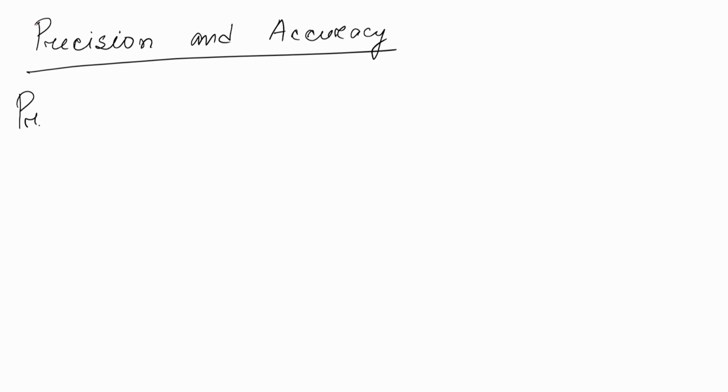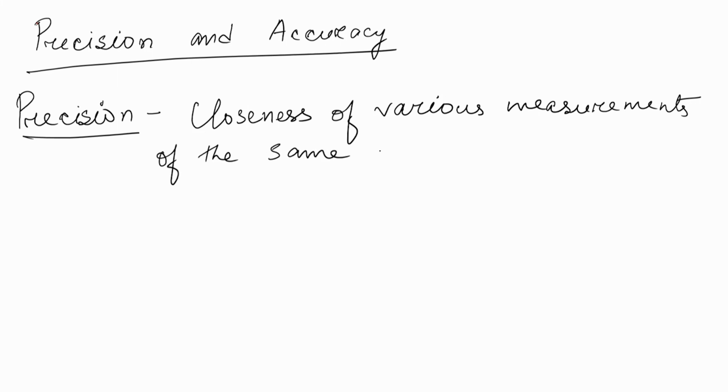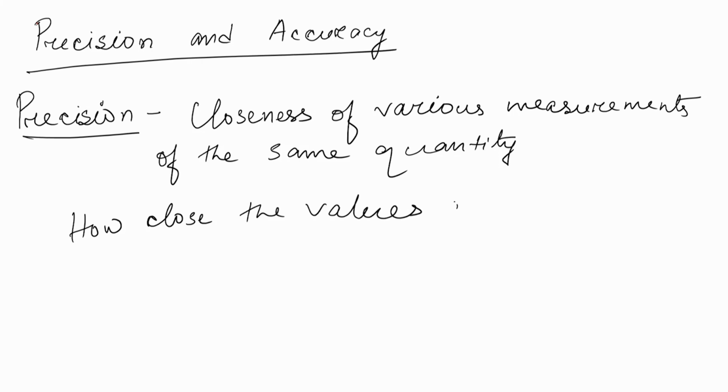By definition, precision means closeness of various measurements of the same quantity, or this can be described as how close the values are to each other.